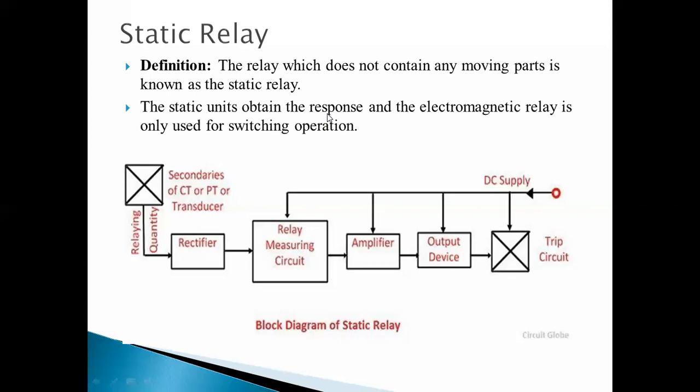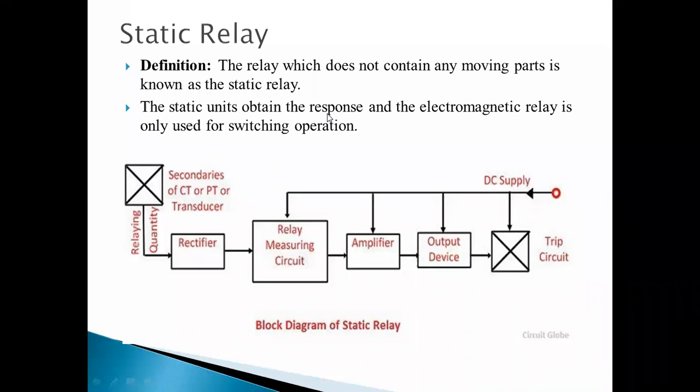Because of that force, your disk was rotating, means some rotating parts are there. So in the static relay, whatever components we are using, all are static. So this static unit obtains the response, and the electromagnetic relay is used for the switching operation.